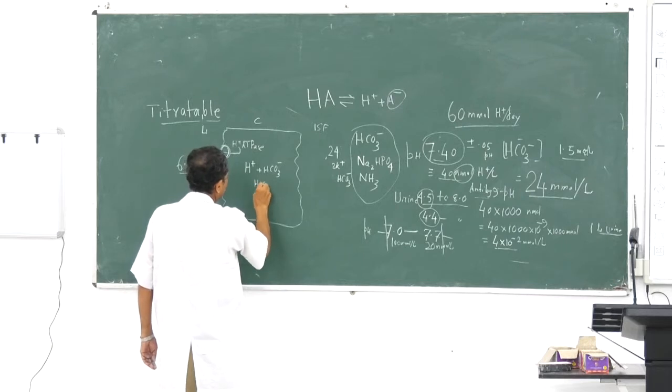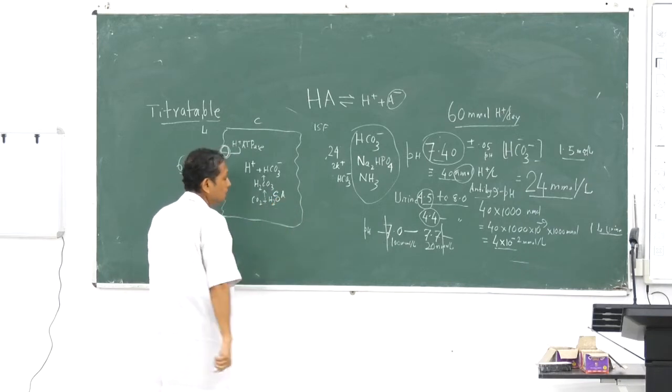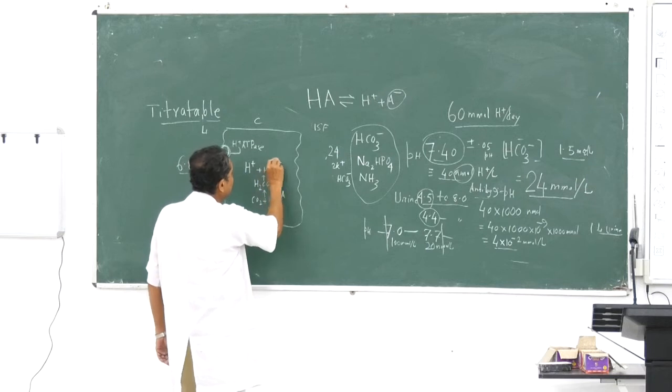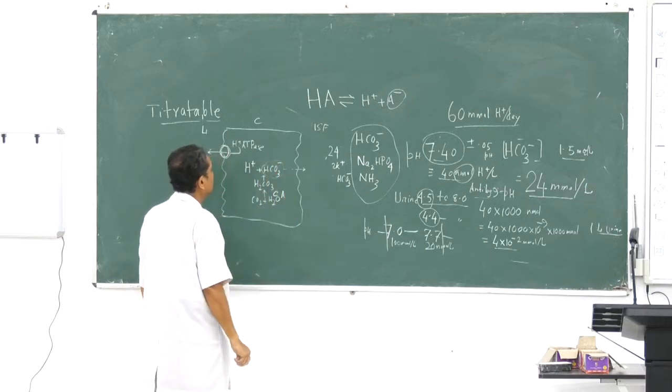H2CO3, produced by CO2 plus H2O with the help of carbonic anhydrase. And in that case, the bicarbonate goes into the blood.